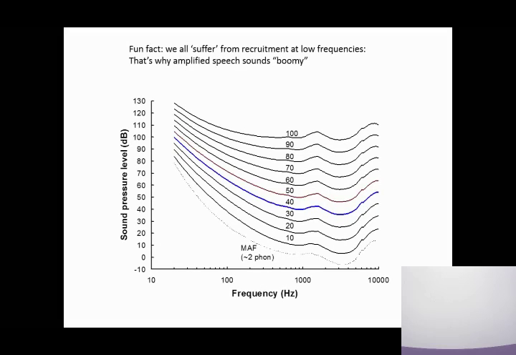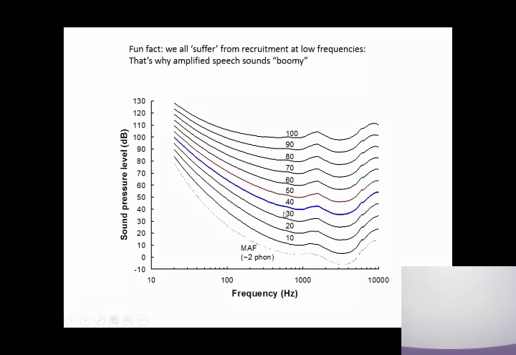Here's a little bit of random information for your next pub quiz. In fact, we all suffer from the recruitment of the compression at the low frequencies. I just want to make clear that this is not something that is actually unusual. This is used in an everyday situation, as I show you in a minute, but it's also distracting for a number of purposes, namely going back to our phone curve. So here's the 40 decibel or 40 phone curve.